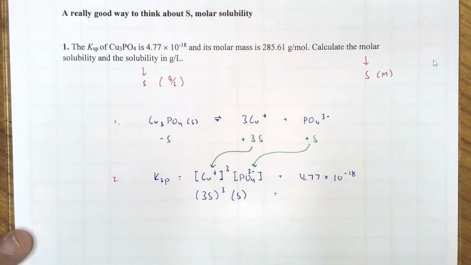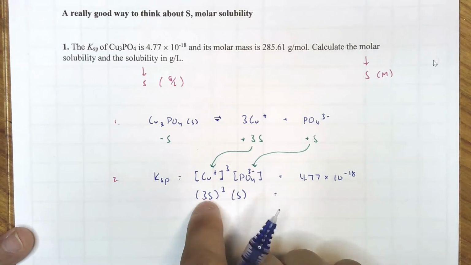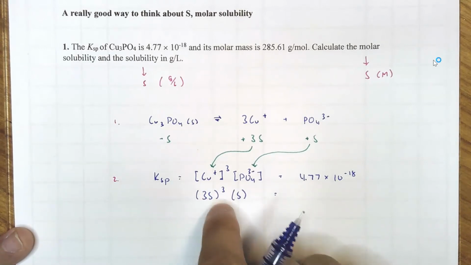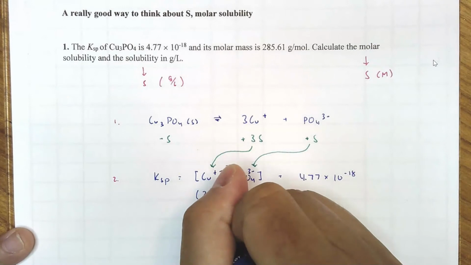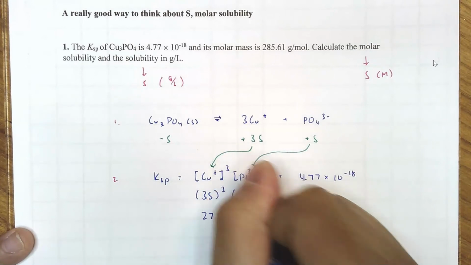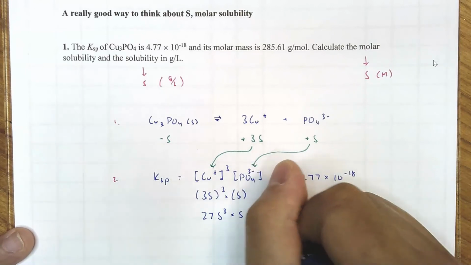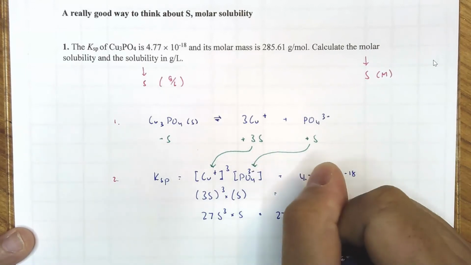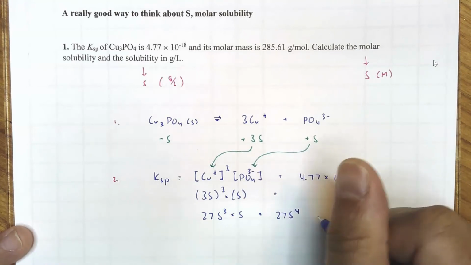Now we solve for S. You're going to cube the 3 and the S because those two are in parentheses. So 3 times 3 times 3 is 27. S cubed times S equals 27 S raised to the 4th power.